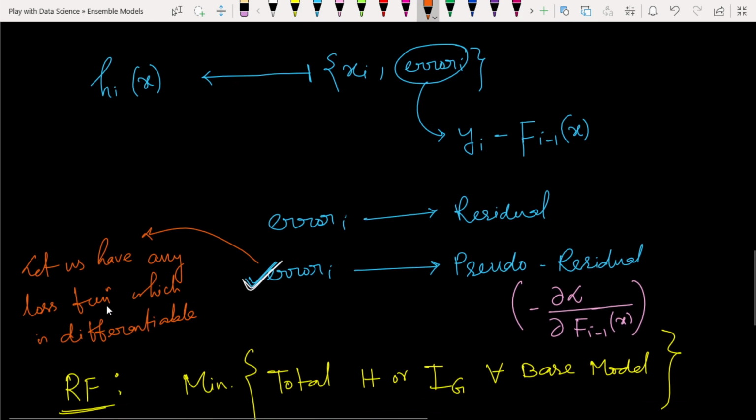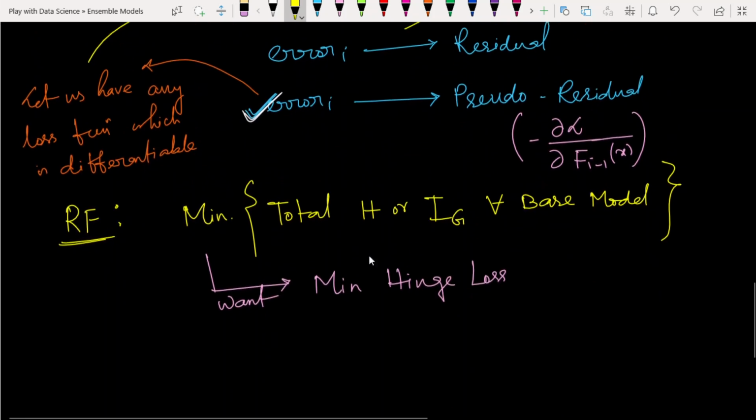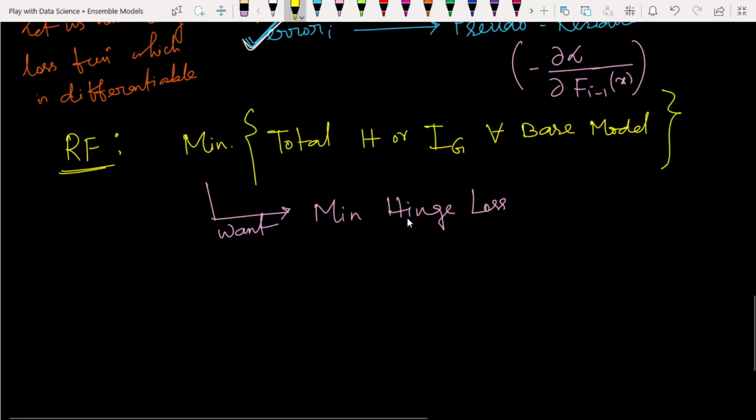Any loss function that is differentiable, we can easily apply the pseudo residuals to it. But this cannot be applied with the simple residual technique. This is the main advantage of the pseudo residual, nothing else.